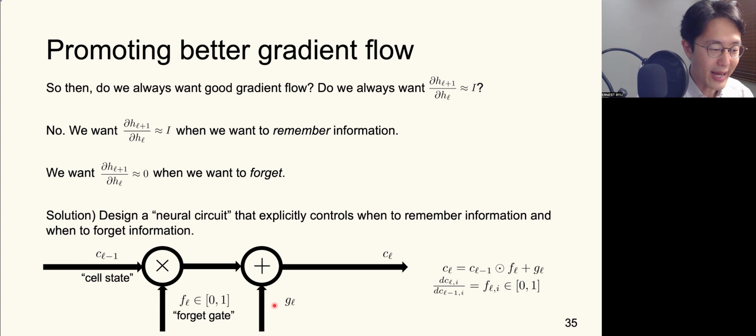After that, we will add this g term to add new information. So the functional form of this is c sub l equals c sub l-1 element-wise product f sub l, plus g. And if we compute the derivative dc sub l/dc sub l-1, this comes out to be f. So depending on what the value of f is, we can make the Jacobian matrix equal to the identity matrix if the values of f are all equal to 1, or we can make the Jacobian matrix exactly equal to 0 if the values of f are all equal to 0.